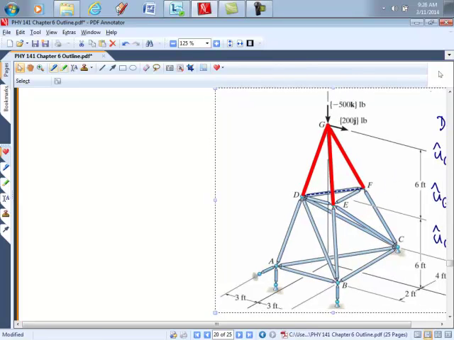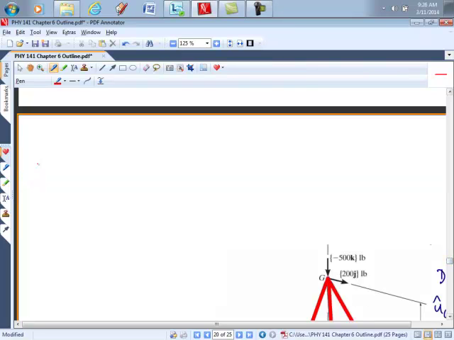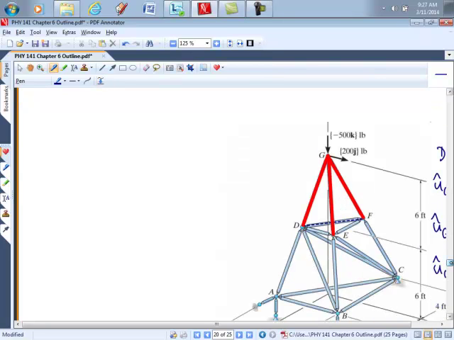Okay, so now we're going to do a free body diagram of F. Before we do our free body diagram of F, we need to figure out the directions of FD and FE. We already have these two directions.